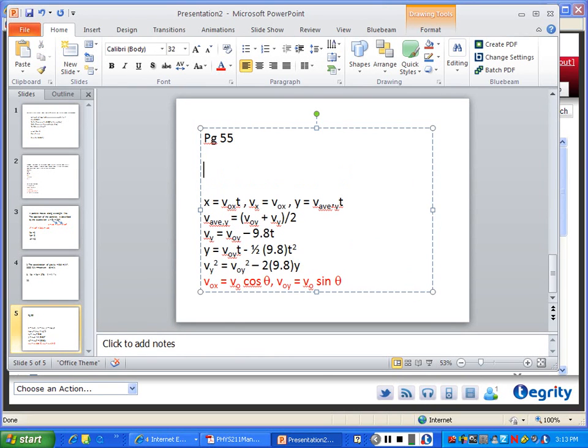Put number one right up here, okay? So what do we know in number one? Well, we've been given V0 is 18 meters per second, and the angle is 41 degrees.